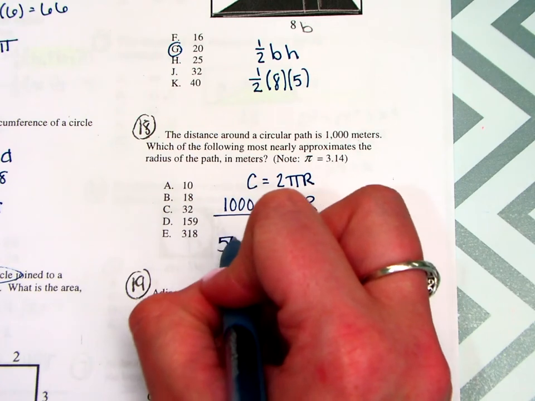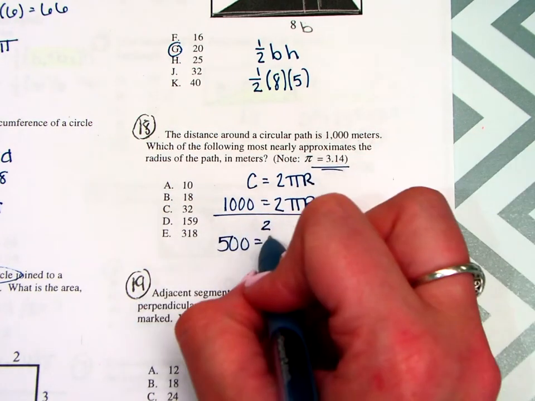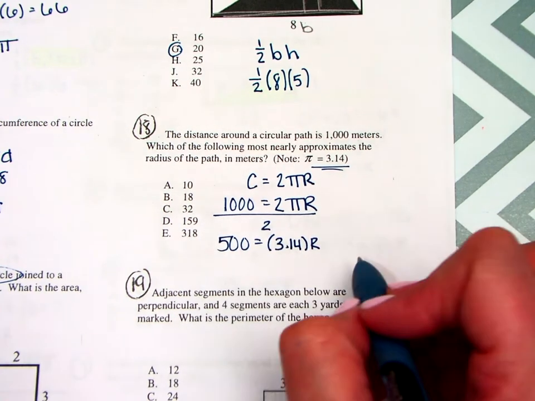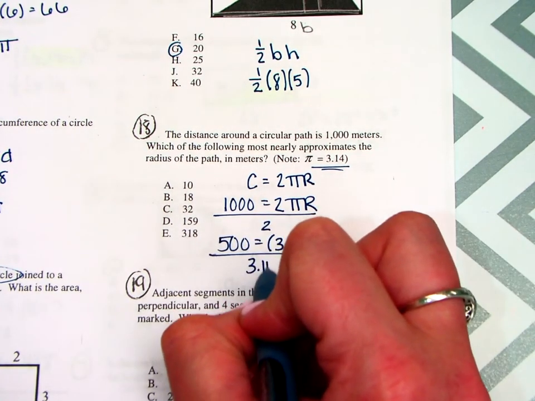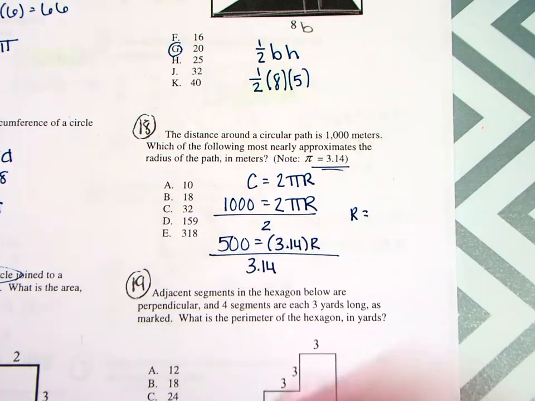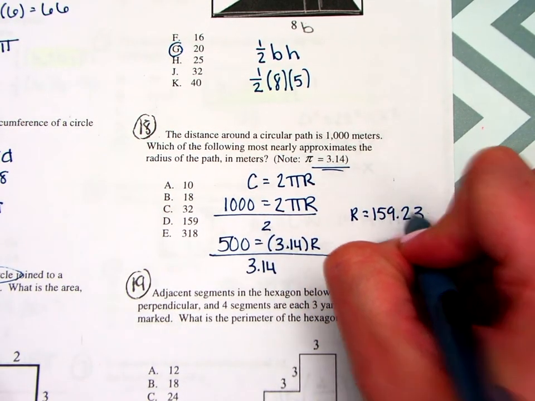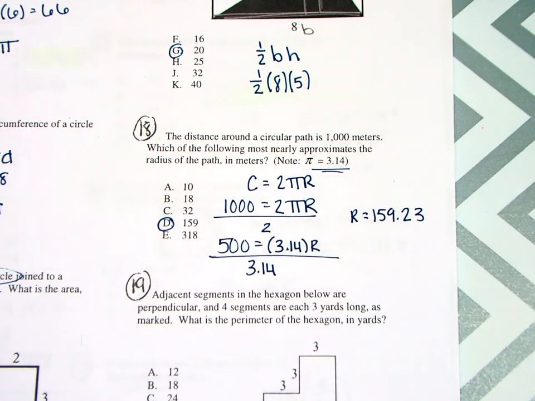So 500 equals pi r, but instead of pi, we're going to use 3.14. So when you divide both sides by 3.14, leaving us with just the radius, we would get an approximation that's 159.23, which is roughly option D. So again, we're using the circumference formula because that's the distance around the circle. And with the circumference, you want to make sure to write the formula so you can substitute correctly.